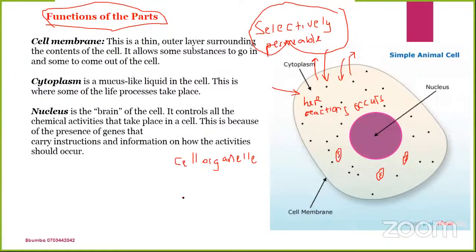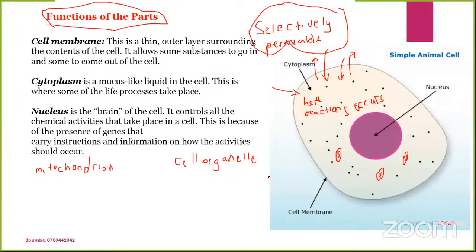Now, these mitochondria, if I can write the word here: mitochondria. If it is one, we use the word mitochondrion. And if there are many, we write mitochondria.